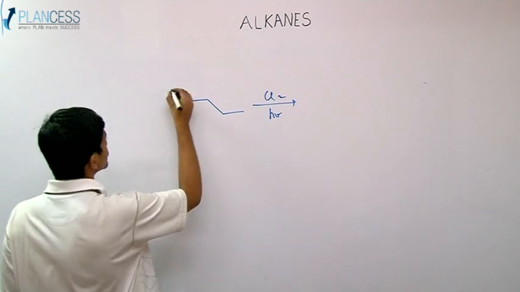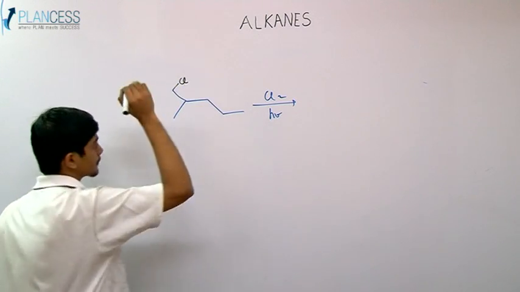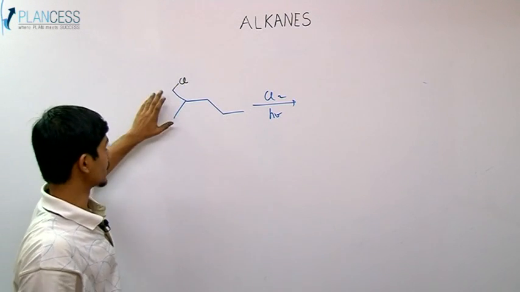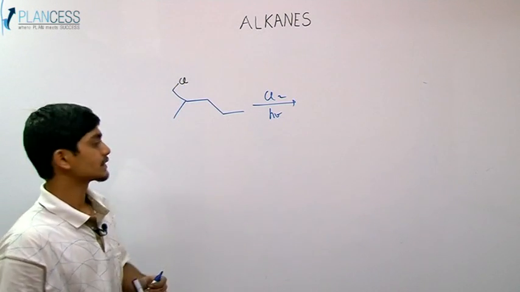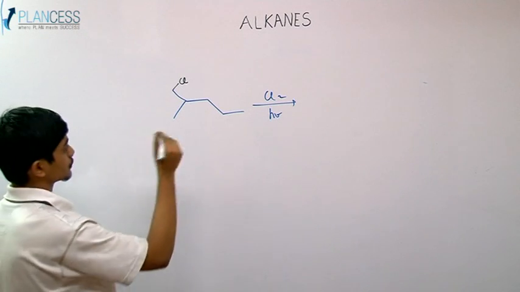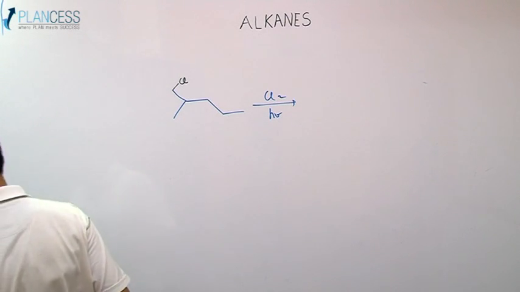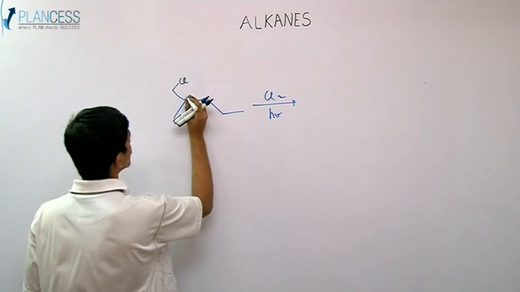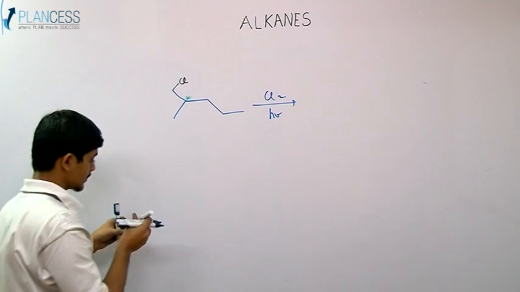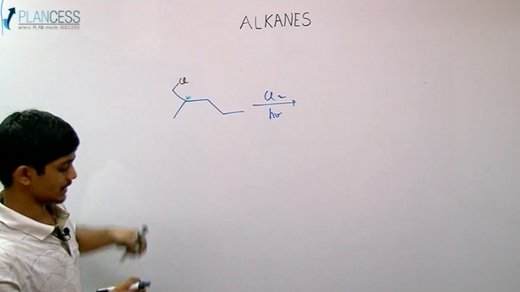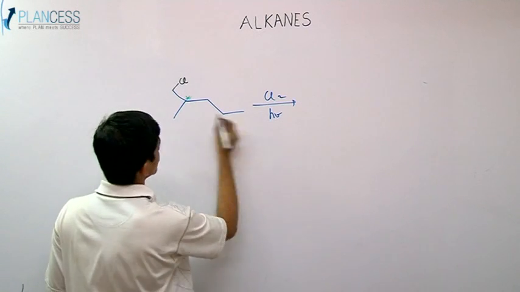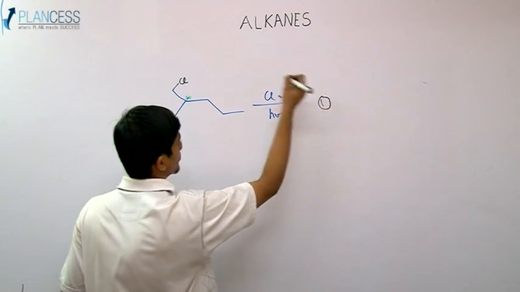Let us start. If you put a Cl over here, what we get is that this is a chiral carbon. So now this is a chiral carbon and we get a Cl over here. Fine. So we get one product.